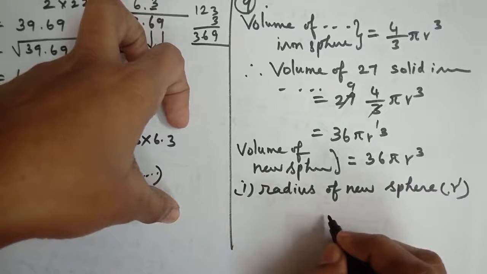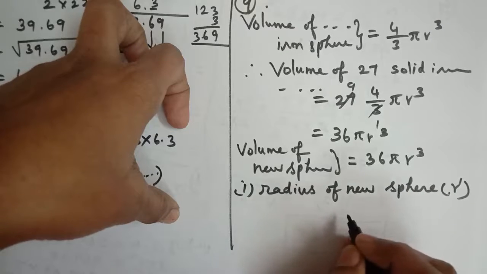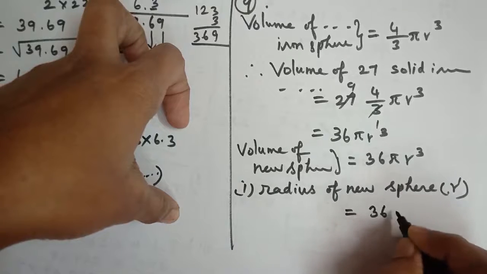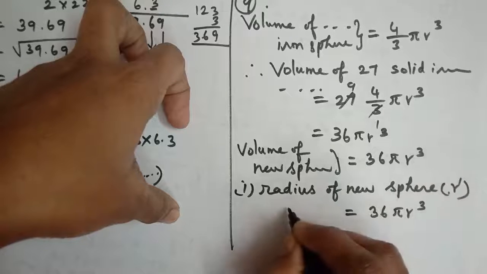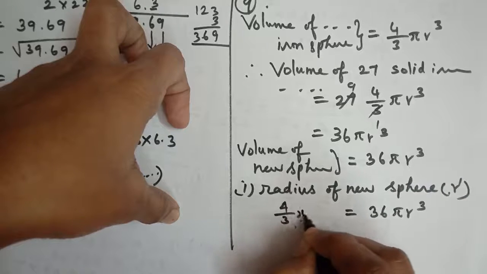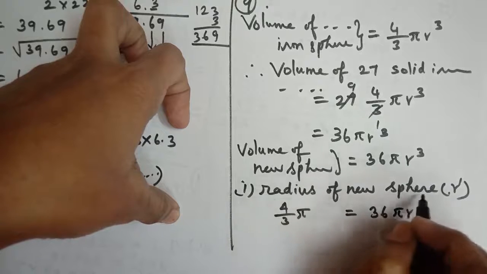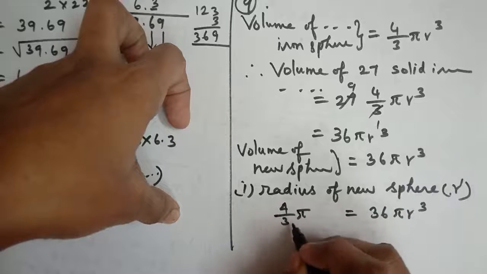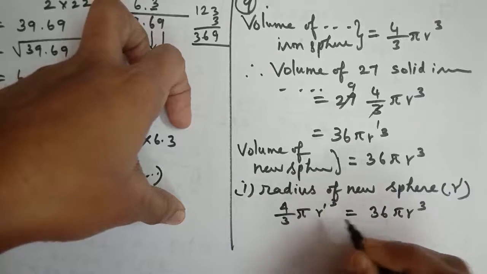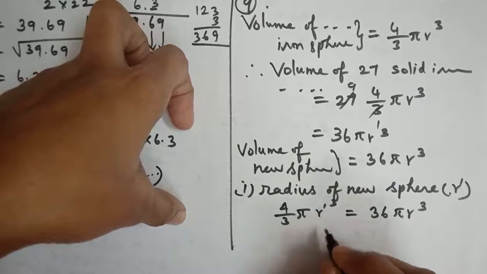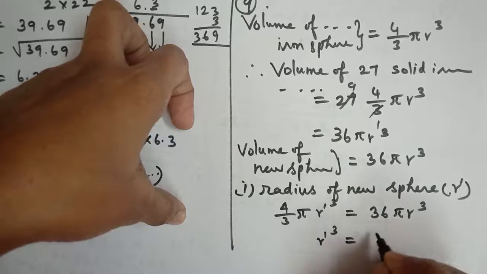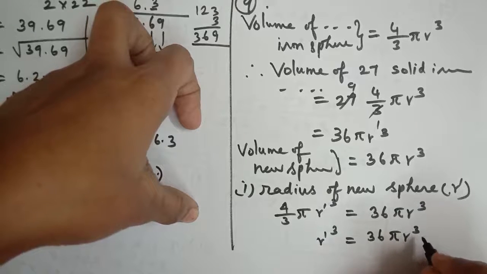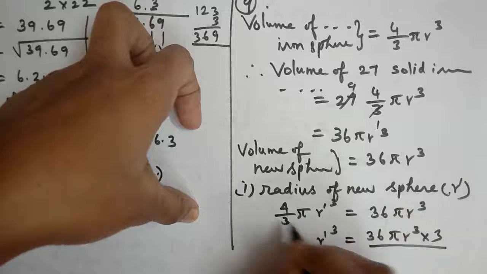The volume of the new sphere is 4 by 3 pi r cube, but since it is the new sphere, the formula is 4 by 3 pi r dash cube. The volume of the new sphere is also equal to 36 pi r cube. Now we have to find r dash. So r dash cube is equal to 36 pi r cube into 3 over 4 pi.